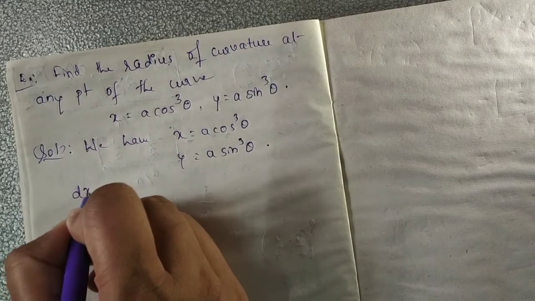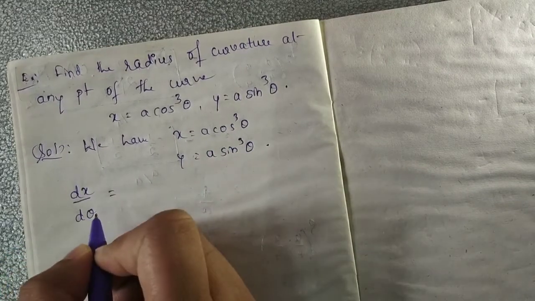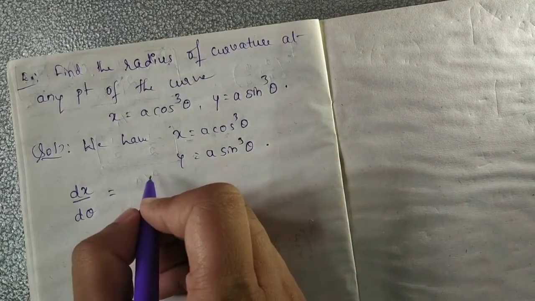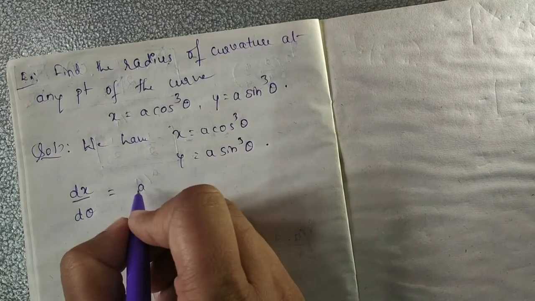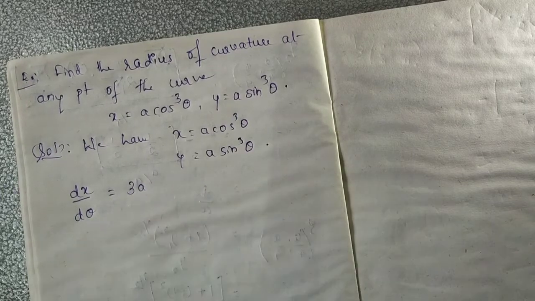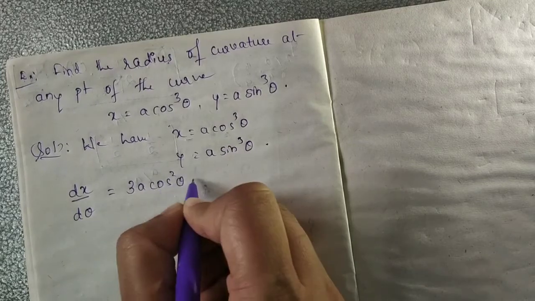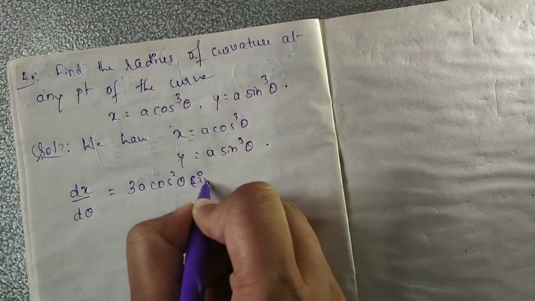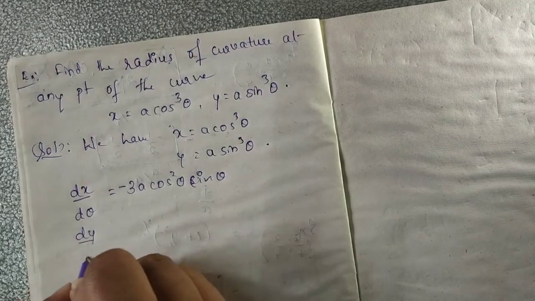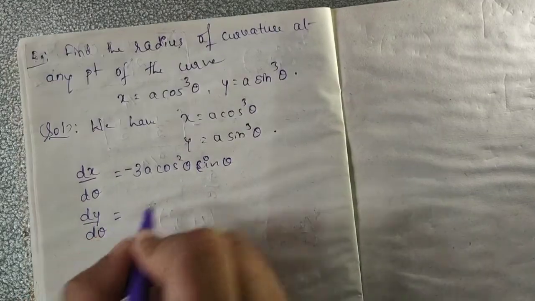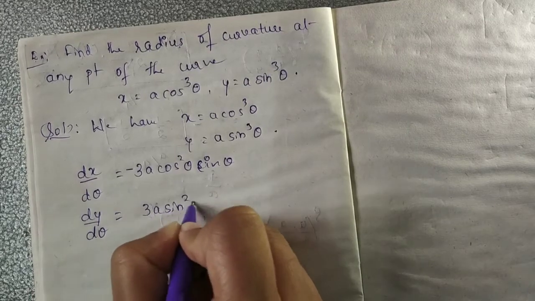First we need to differentiate x with respect to theta, dx by d theta. Derivative of this is a cos cube theta. A is constant, we can take outside, 3a cos square theta. Derivative of cos theta is minus sin theta. Similarly, dy by d theta is 3a sin square theta.